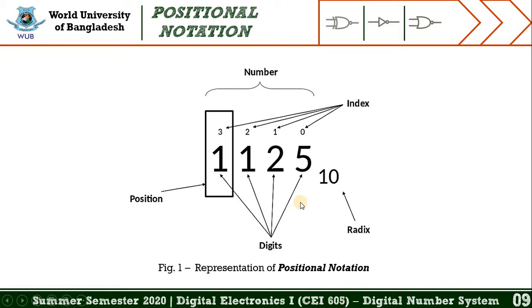The individual digits like 1, 1, 2, 5 each represent an individual position. Above this number you can see an index. Since it's a decimal number, we represent the index as follows: 10 to the power 0, 10 to the power 1, 10 to the power 2, and 10 to the power 3. So let's move into the next slide.